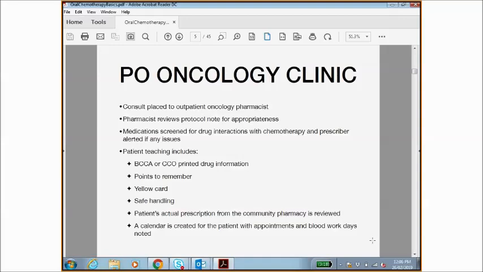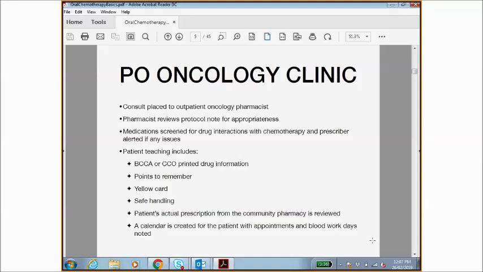Because some of these medications can cause neutropenia, if they get a fever, it's a medical emergency. So they're told to go directly to the emergency room. They're all given this card, and this gives them a bypass of the line. They hand this to the triage nurse, and off they go, and they're seen immediately.